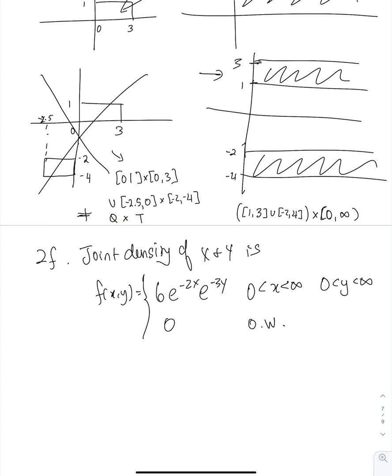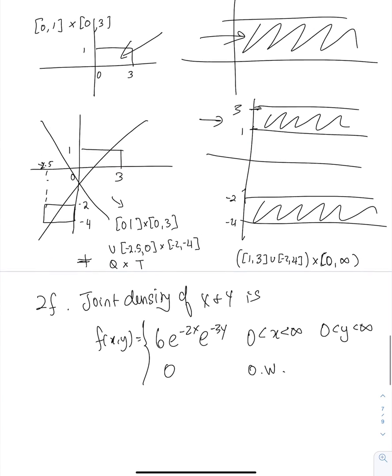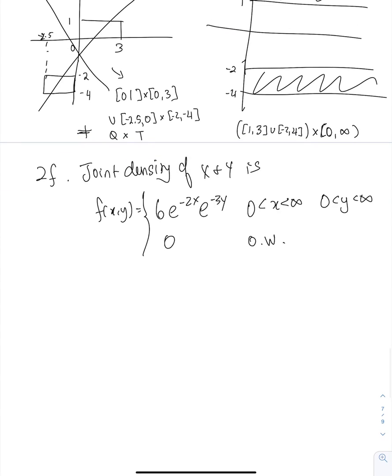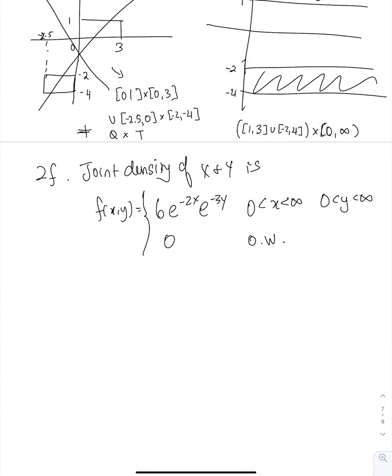Okay, so what can I write it down as? Is this, are the variables x and y independent? Well, let I sub x be equal to 1 if x is between 0 and infinity and 0 otherwise.